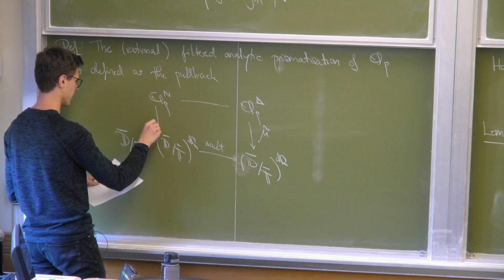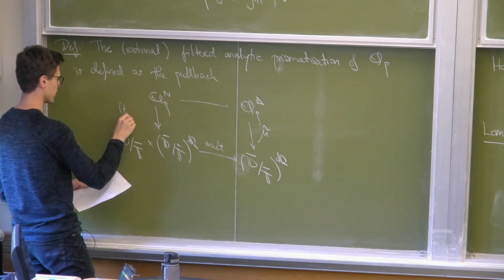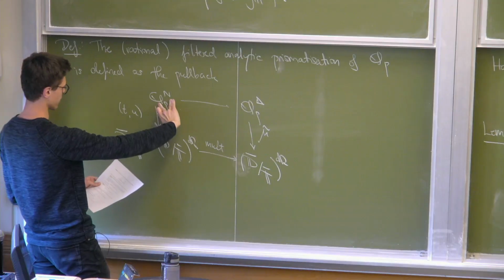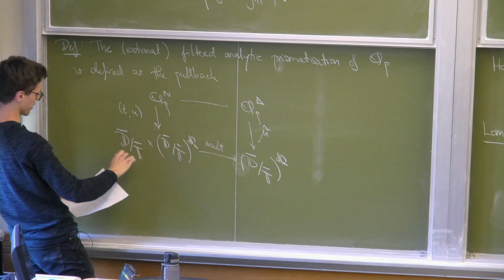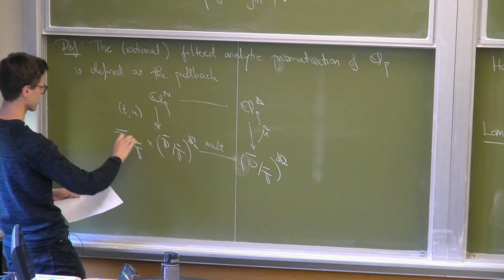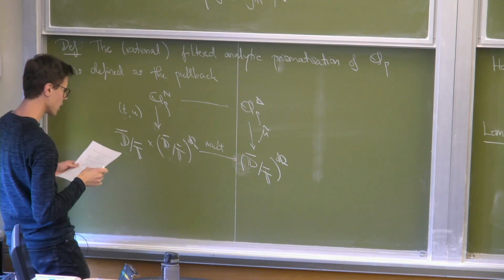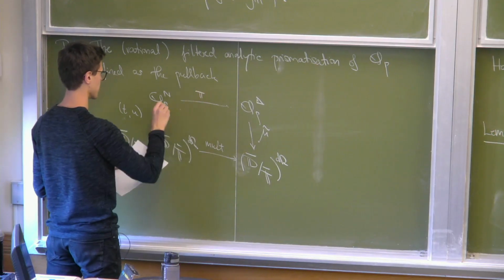And this is the map I want to pull back along. And well, this means that this filtered prismatization of QP comes with a map to the disk mod the torus and to the de Rham stack of this quotient. And I want to call these maps T and U, respectively. Right. This map I want to call pi.